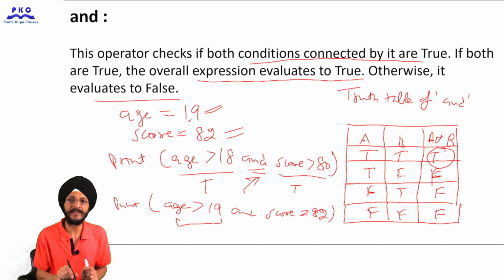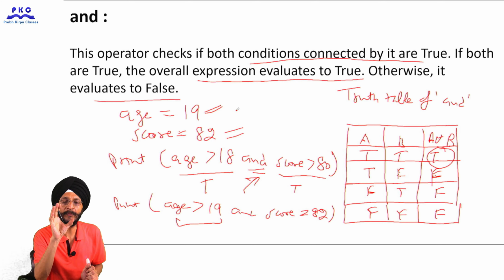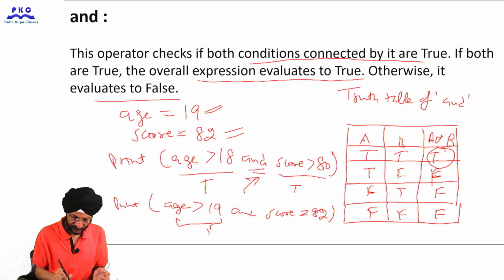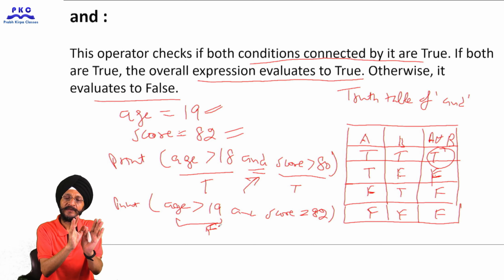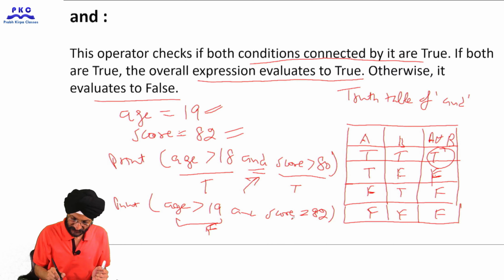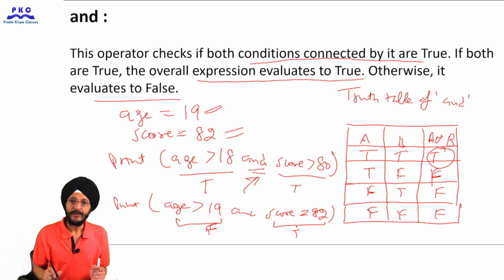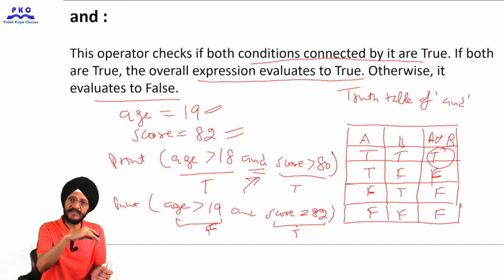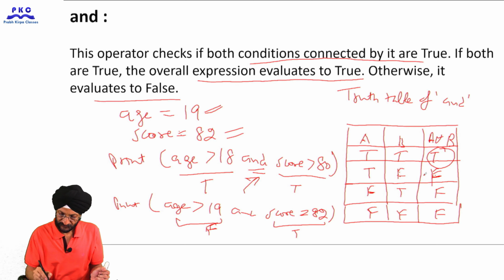What is the age given? Here we have the age variable containing value 19. So the first condition is false. What is the second expression? Score 82, this is true. So when any of the conditions is false, the result is false.